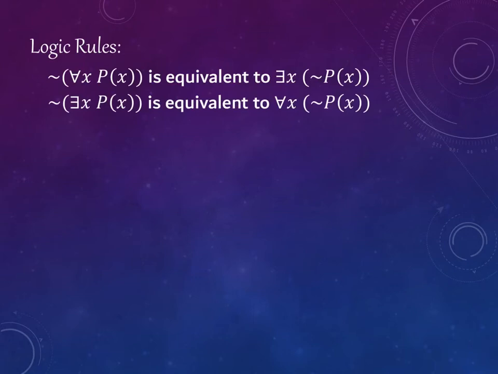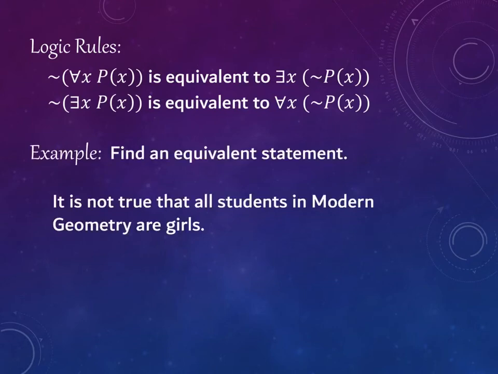I think I have an example next. Let's see. I do. We're going to find an equivalent statement to this one. The it is not true at the beginning is the equivalent of having a tilde up here, okay? So we're trying to negate this so that it doesn't have the statement it is not true at the beginning. So what would the negation of all students in modern geometry are girls be?